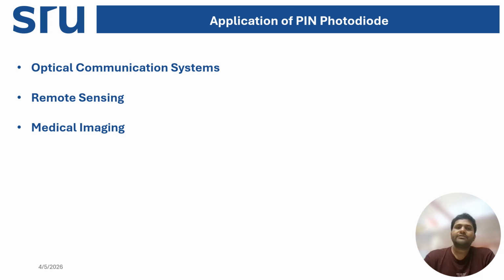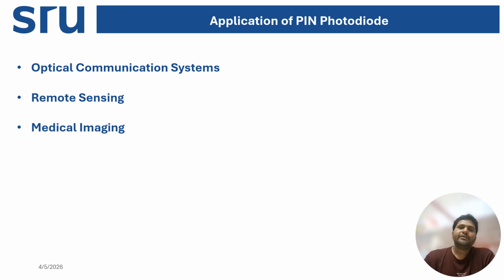Let us look at some important applications. First, optical communication systems. PIN photodiodes are extensively used in fiber optic communication. They act as optical receivers, converting light signals into electrical signals used in high speed internet and data transmission.